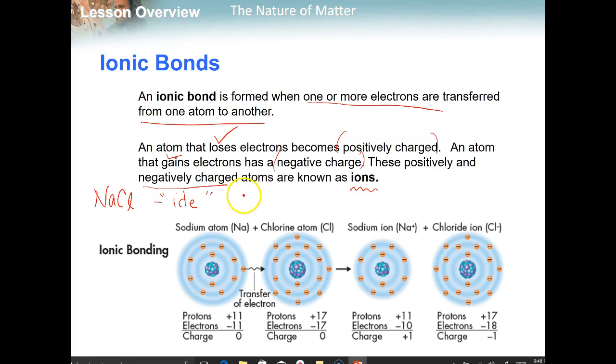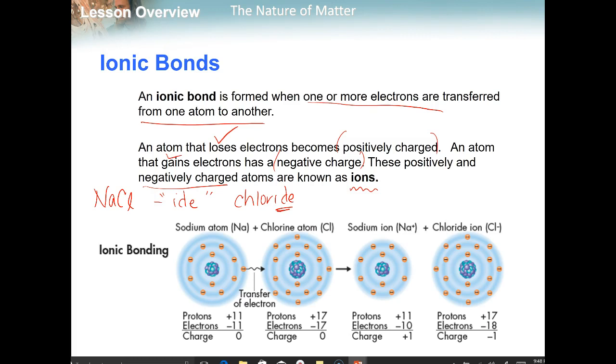So sodium chloride means it has a tendency to give up or lose an electron. Fluoride, bromide, iodide, anytime that you would see IDE in the description is going to be an indicator that it bonds ionically.